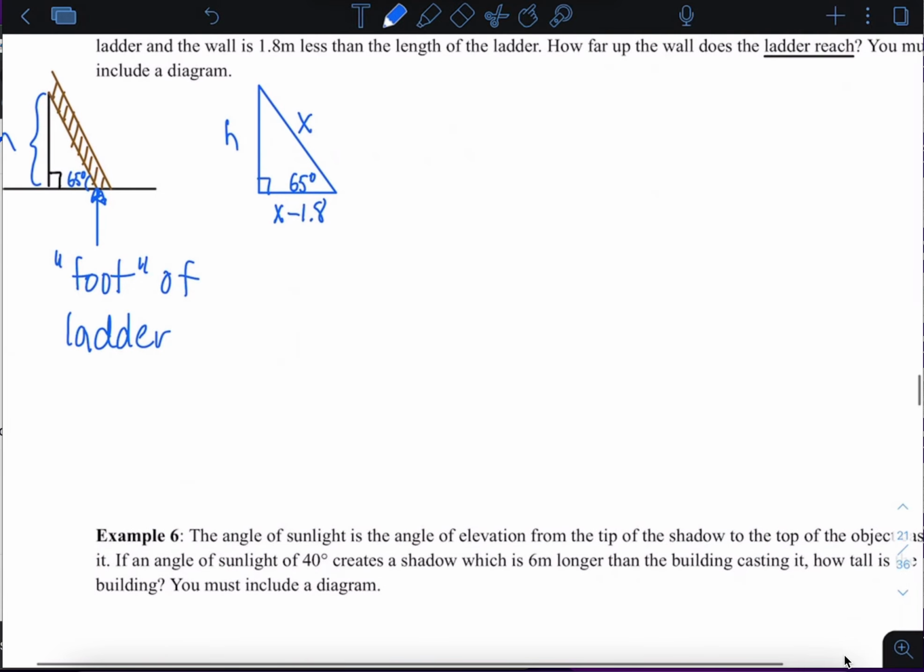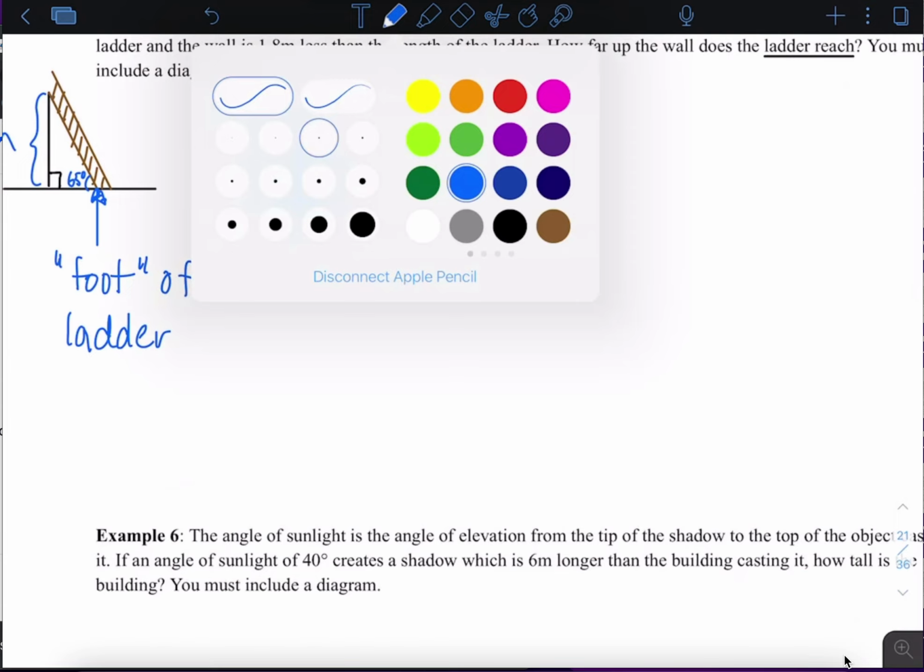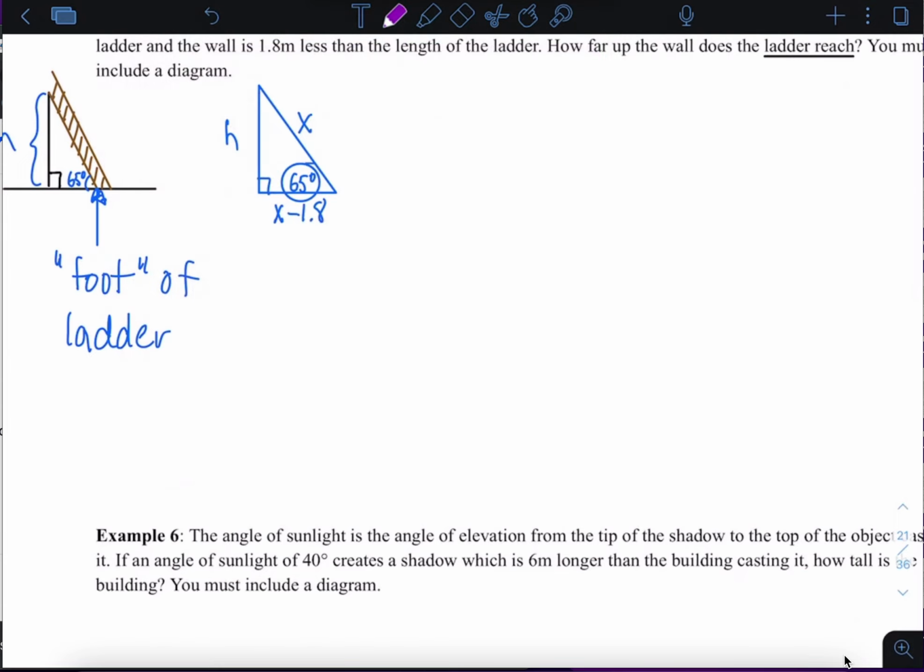So what we want to do is solve for x first by creating an equation that just involves x. In this triangle, this is my hypotenuse, and if 65 is my angle of consideration, then h is my opposite side, and x minus 1.8 is my adjacent side.